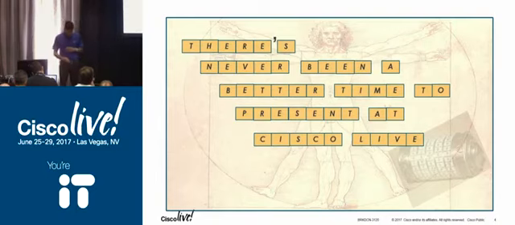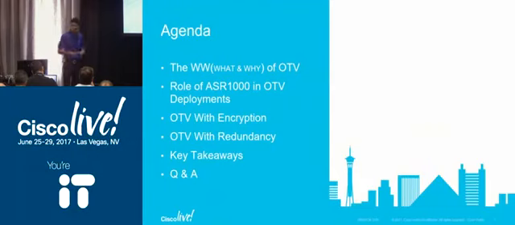With this in mind, let's move on to the agenda, a short one. We start off with the what and why of OTV. We'll discuss all the architectural aspects of OTV itself. Then top it up with the role of ASR1K in OTV deployments. Then comes the most important part of this presentation, that is OTV with encryption.